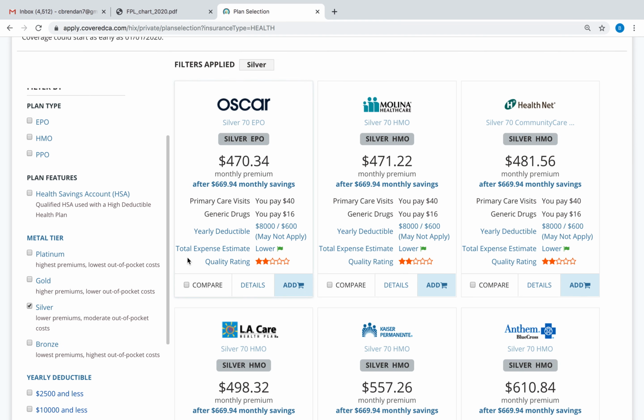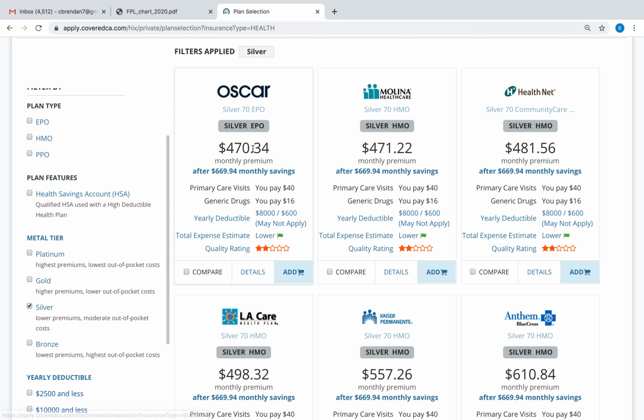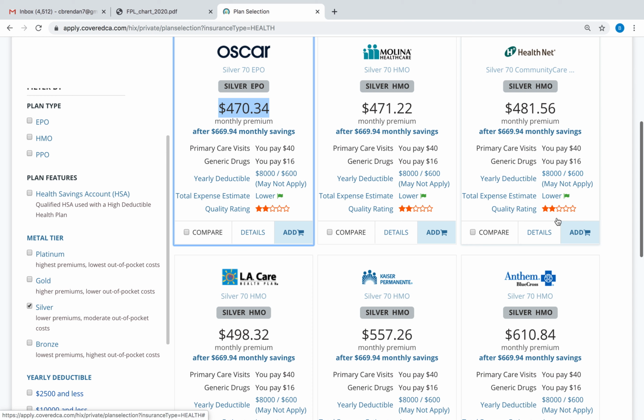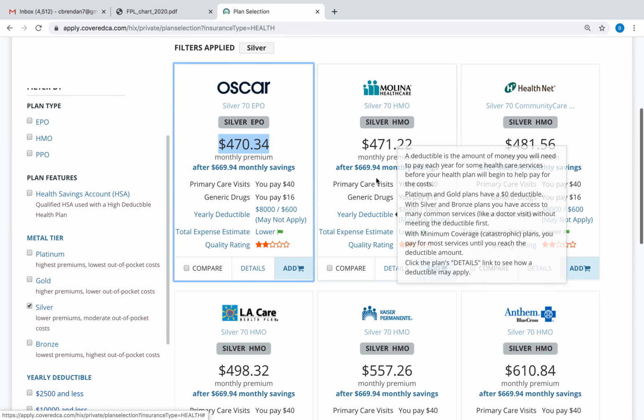If we go to the silver, you can see the Oscar plan is $470, $40 office visits. All the carriers have the same silver plan. The benefits are the same. It's just the carrier that rates their plan in that area will change the price of it.